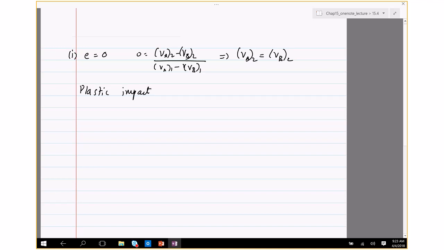For example, if you drop a ball and the coefficient of restitution is 0, then A is the ball, B is the ground, and the velocity of the ball is going to be the velocity of the ground, which is 0. So it's going to stick to the ground. The other extreme case is E equals 1, which is an elastic impact.